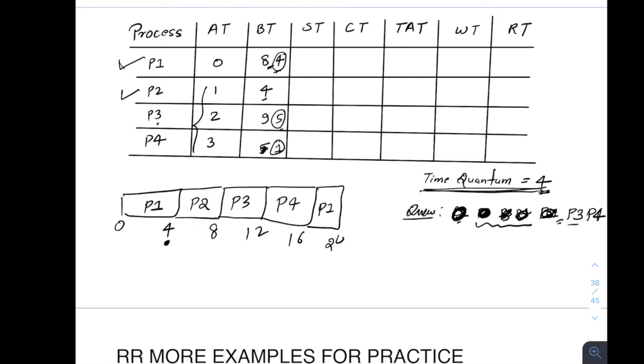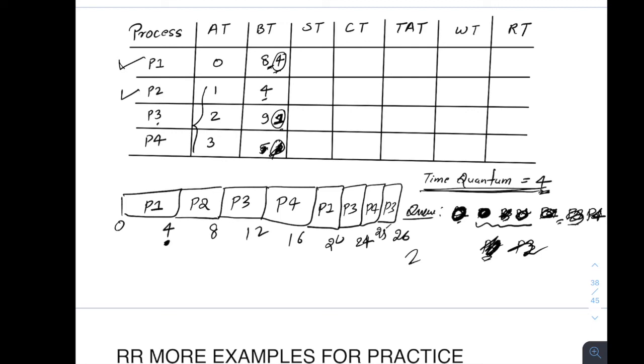P3 has 5 remaining, so this will reduce to 1 now from 5. P3 runs from 20 to 24, and is pushed back, so the new queue will be P4 and P3. Now P4 has 1, give it till 25. This will terminate, gone. P3 has again 1, give it till 26. This is also gone, and this is the scheduling.